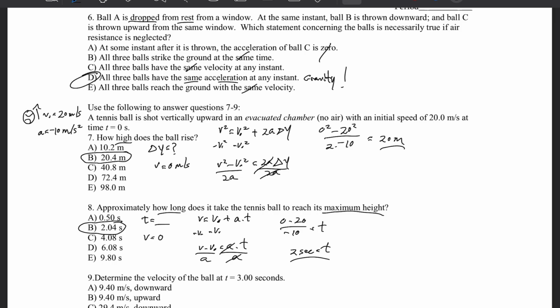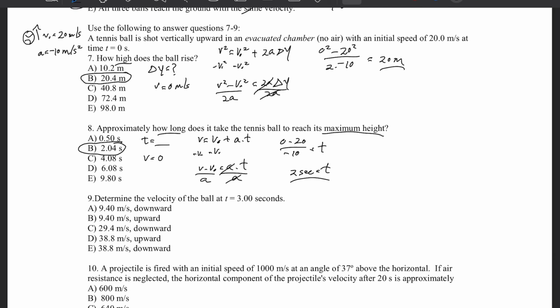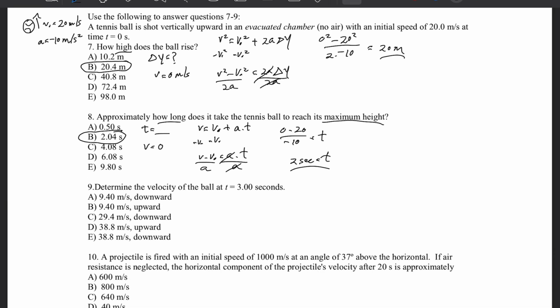Last question using this scenario is going to be number 9. Determine the velocity of the ball at time equals 3 seconds. So we're looking for final velocity, and we've got time equals 3 seconds. Initial velocity is still 20 meters per second up. Acceleration negative 10 meters per second squared down. So VOTAT is our equation. We're looking for final velocity.